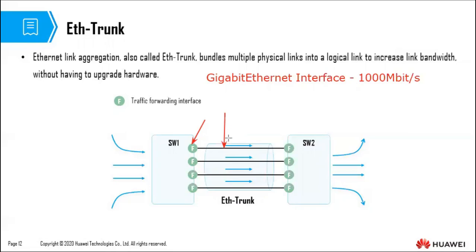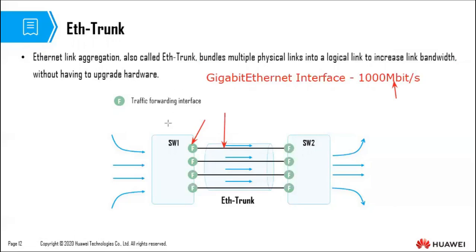Have you been thinking that maybe this 1 gig is the speed of the link? It's actually the speed of the interface. Are we together? When you looked at the switch, you saw that some of them are gigabit Ethernet, some 8 gigabit, some 10, and so on, right? That speed is the speed of the interface.